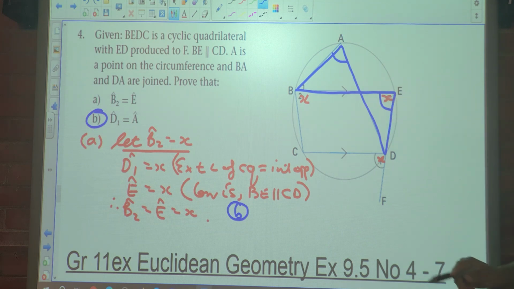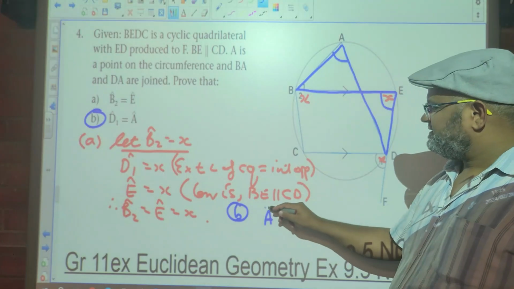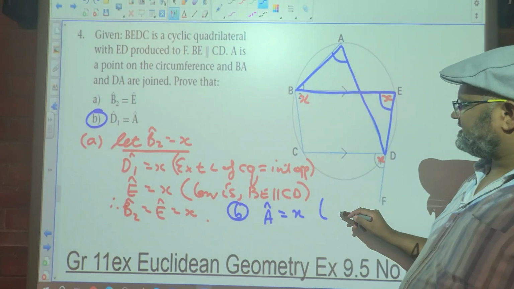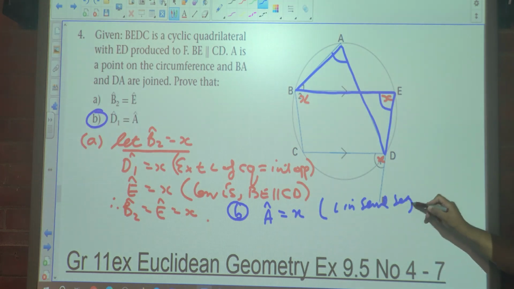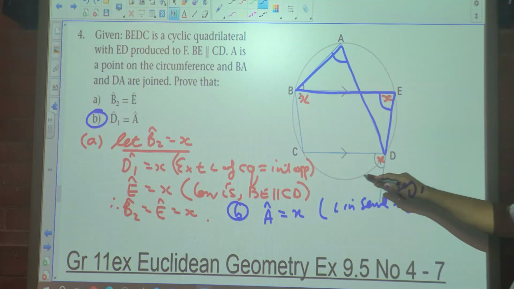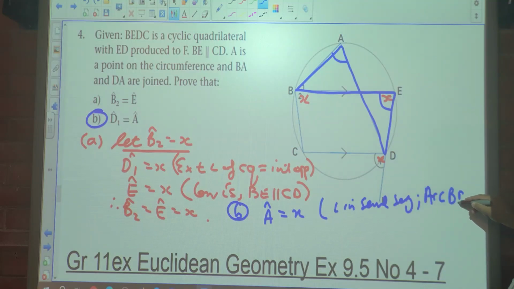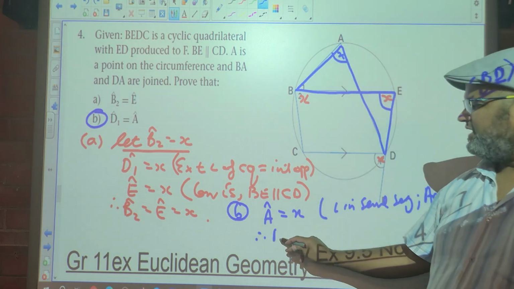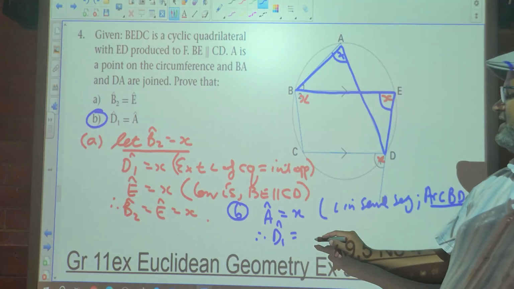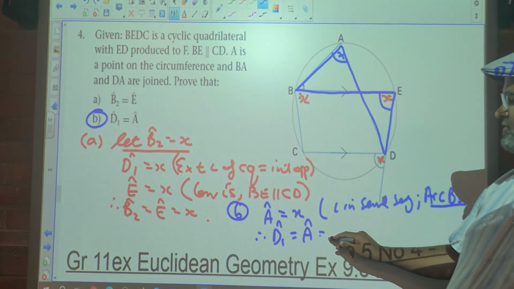The reason? Angles in the same segment, coming from arc BD. Do I have to write the story here? No. And the job is done, people. Therefore, angle D1 is equal to angle A, which is equal to X.